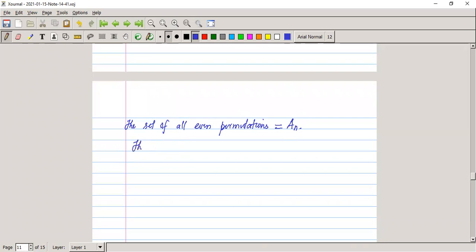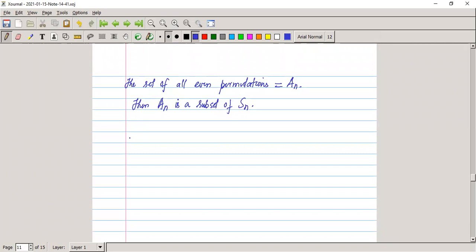Then An is a subset of Sn. Then we can easily see that if alpha and beta belong to An, then alpha and beta are even permutations.